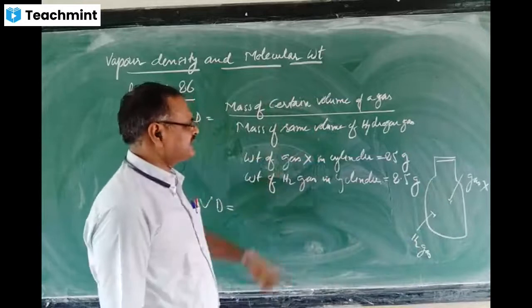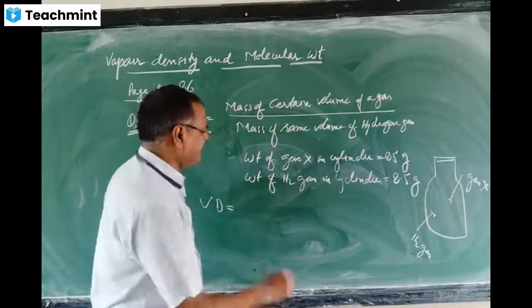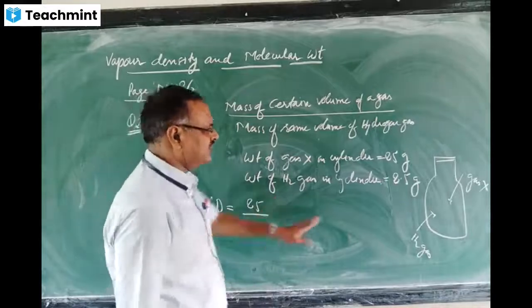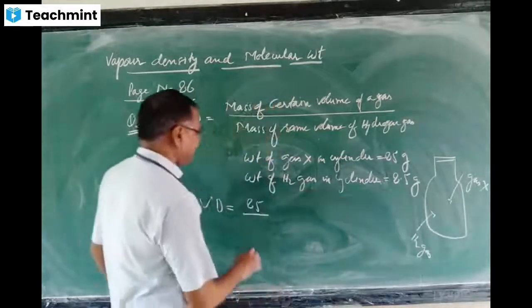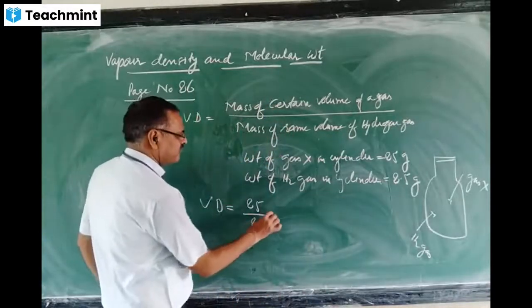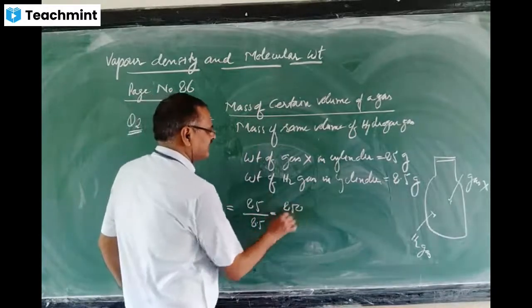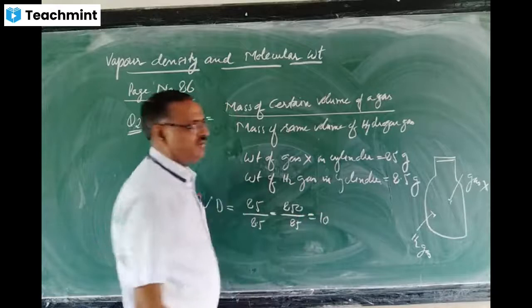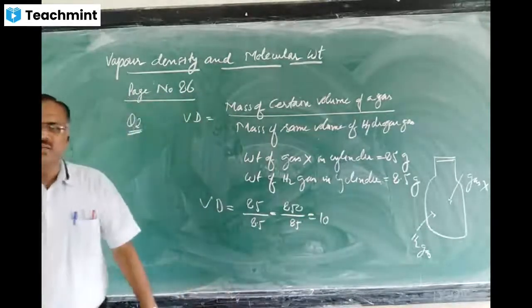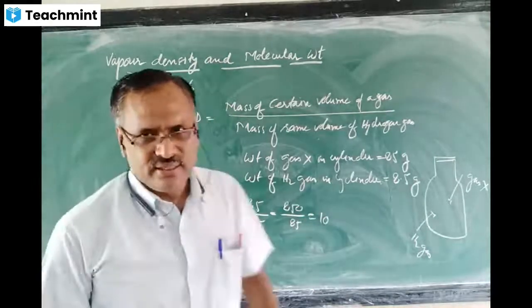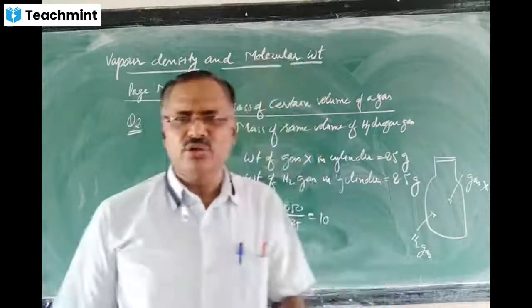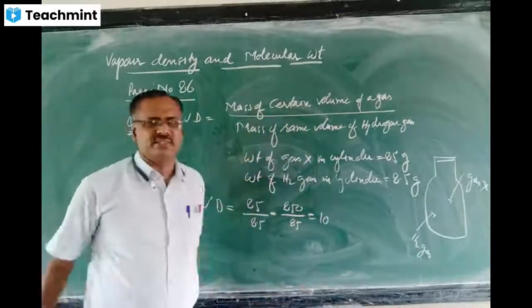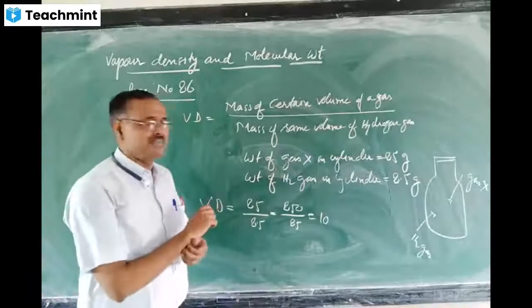So 85 upon 8.5 is 10. Vapor density has no unit because it is a ratio, the ratio of the mass of a certain volume of the gas to the mass of the same volume of hydrogen.